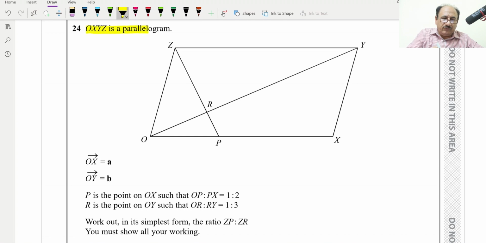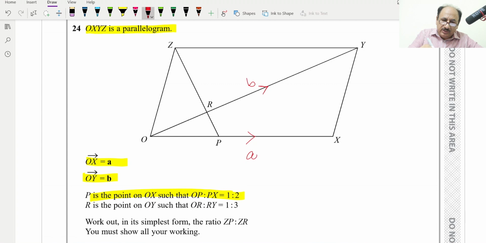Question number 24. OXYZ is a parallelogram. OX is equal to A. So we will indicate OX, OX is equal to A, so this direction is A. OY is equal to B, so OY is this direction, and this is B. P is the point on OX such that OP ratio PX is 1:2.